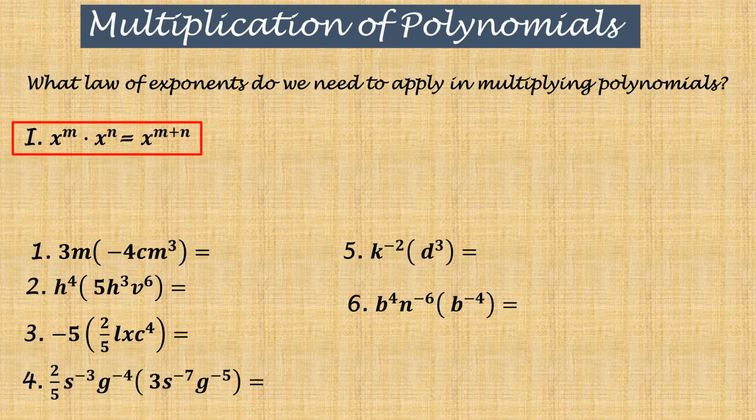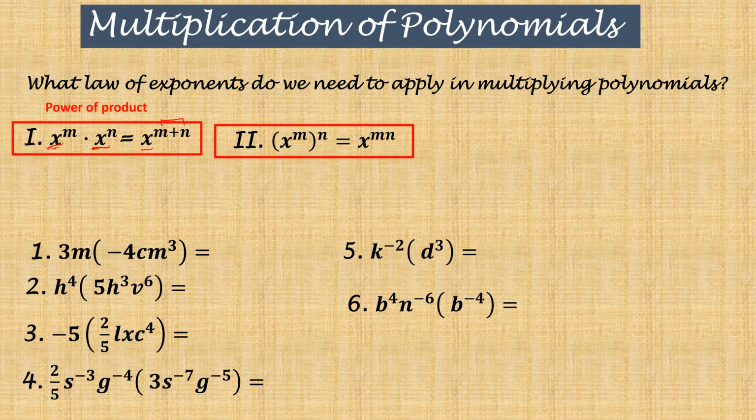We have the first one, which is to apply the power of product. The power of product says that we need to add their exponents if they have common bases. So we have the common base x, we just simply copy and then we add the exponents.